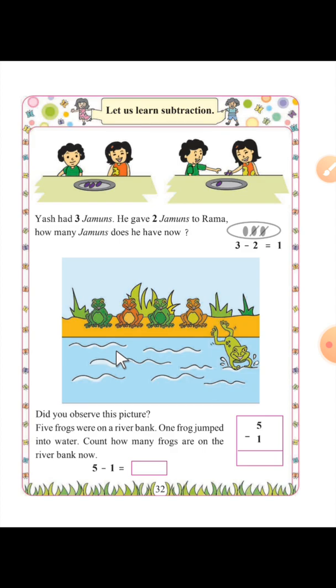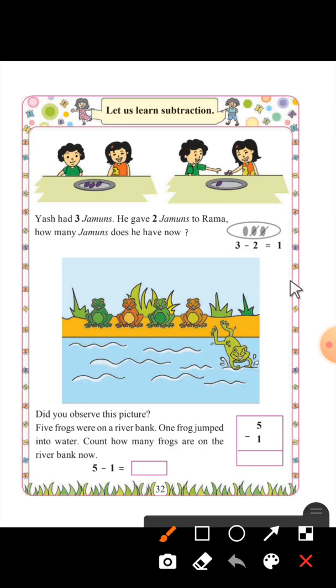Now see this picture. Here, in this picture, how many frogs are there in total? 1, 2, 3, 4 and here 5. 5 frogs were on a river bank.